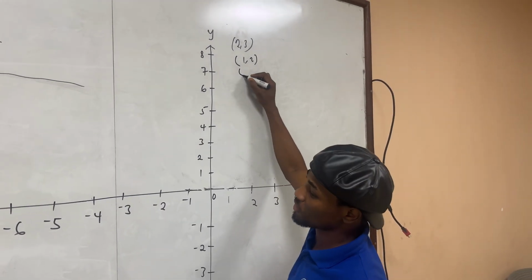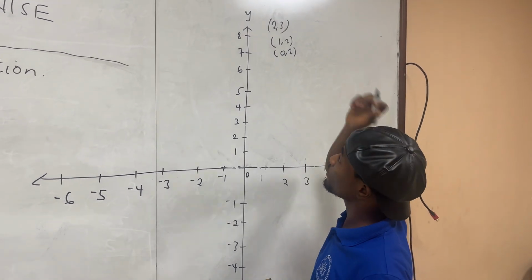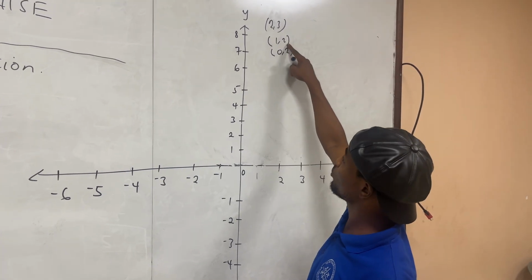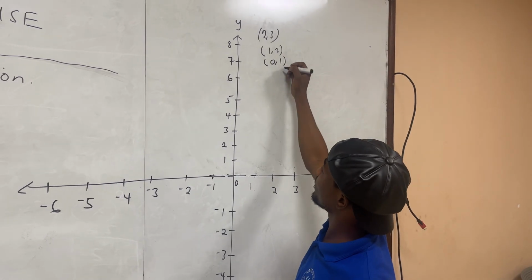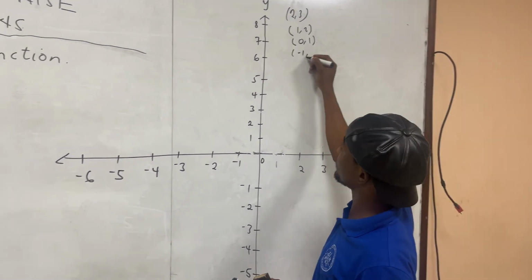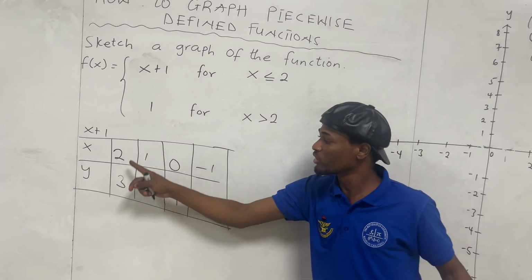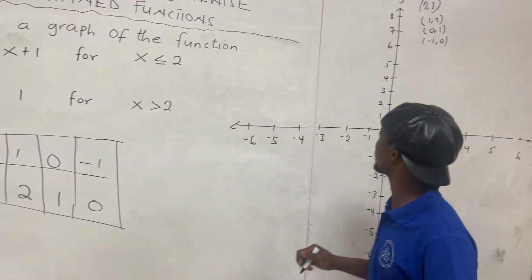Then I have 0, 1. Sorry. Then the last one I have negative 1, then 0. So the points are 2, 3; 1, 2; 0, 1; and negative 1, 0.